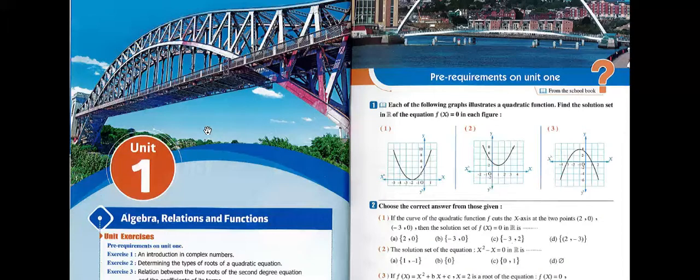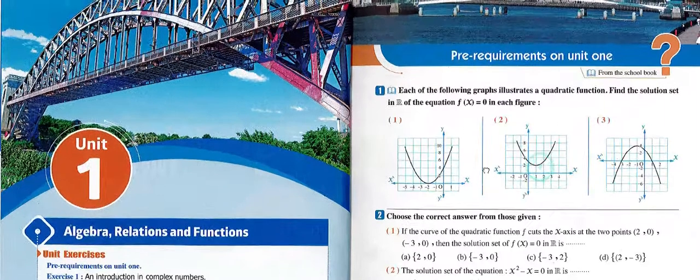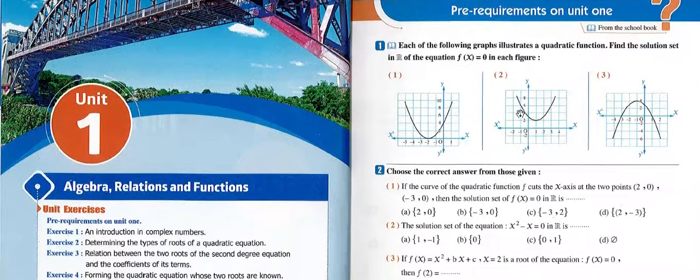And question 2, look at question 2. No intersection with the x-axis. Question 1, intersection at one point, -2 and 0. So the solution set will be {-2}.